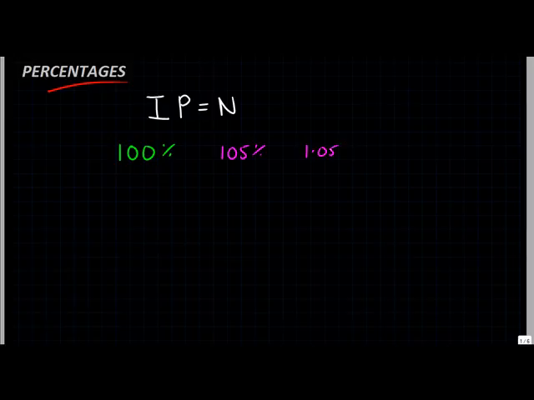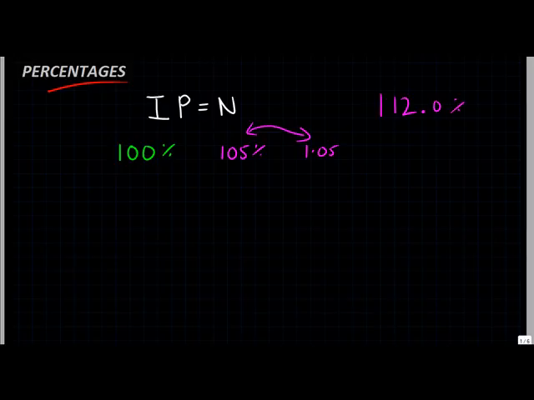To get from a percentage to a decimal, divide by 100, and to get from a decimal to a percentage, times by 100. Multiplying or dividing by 100 is moving a decimal point 2 places. So 112% has an invisible decimal point after it.